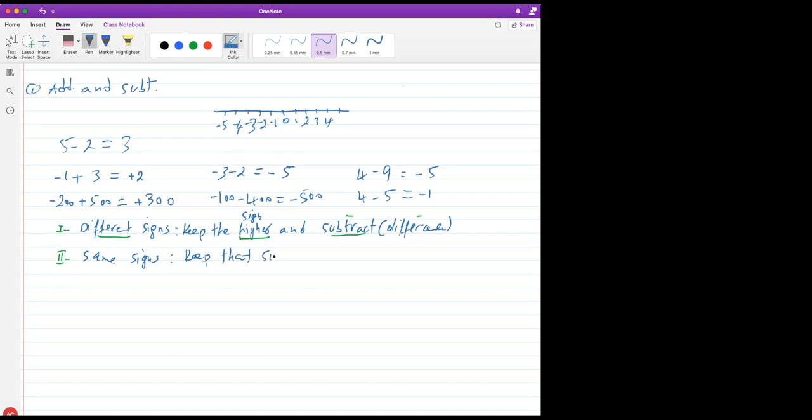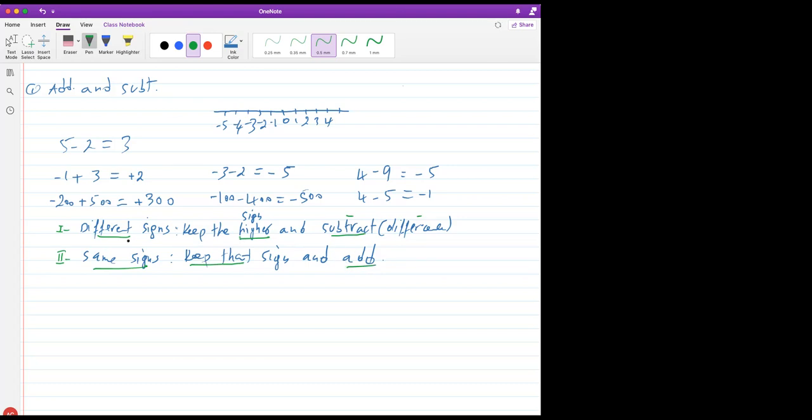Keep that sign. And do what? And add. That's right, and add. That's the difference here. When we have different signs, we subtract. Same sign, keep that sign, and add.